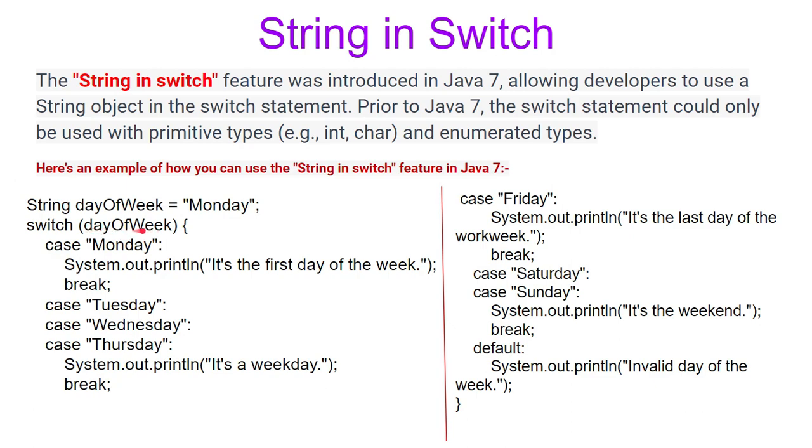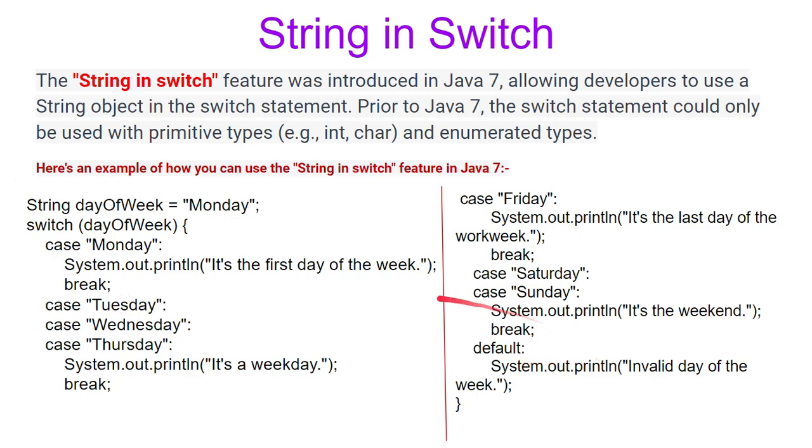Before Java 7 we could not pass a string value here, but from Java 7 onwards we can put dayOfWeek, which is a string value. Inside the switch you can give multiple cases, and you can define the string value inside the case also: case Monday, Tuesday, Wednesday, Thursday, Friday, Saturday, Sunday, and default.